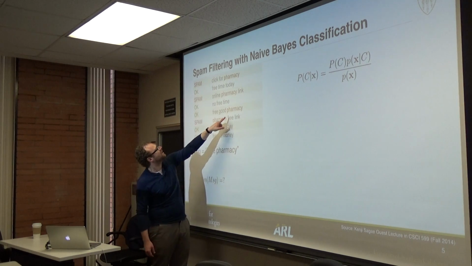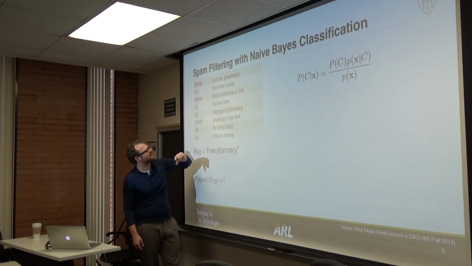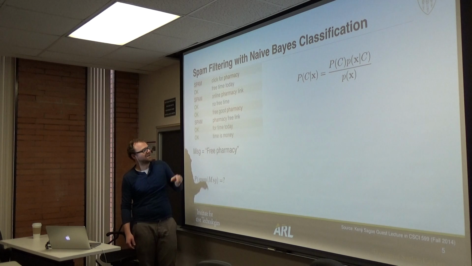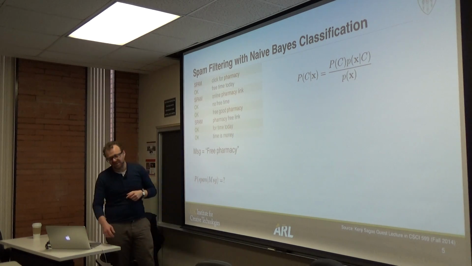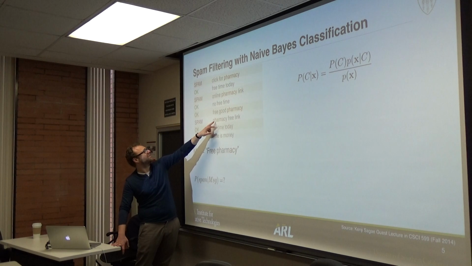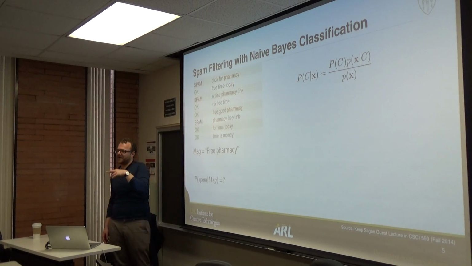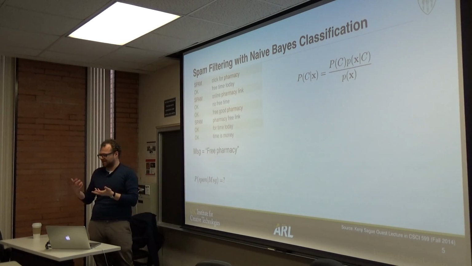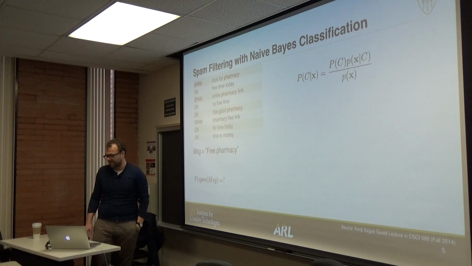We have "free" once out of, let's say, 9 words, so it's 1/9, and "pharmacy" is much more: out of 9 words we have it 3 times, so that's 3/9. So we can easily compute these variables.